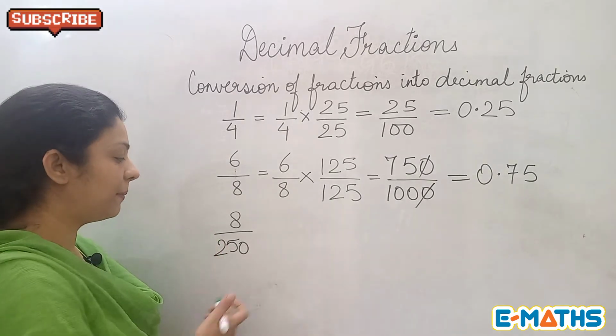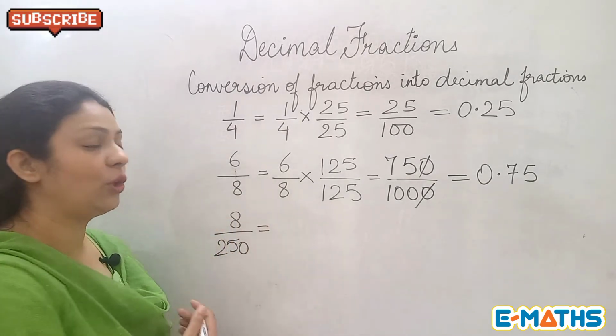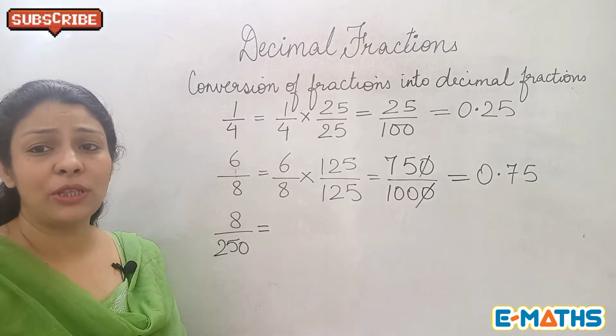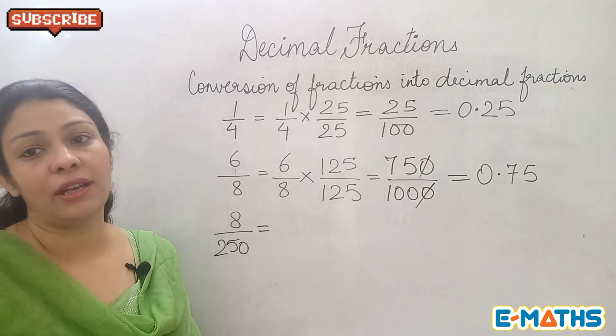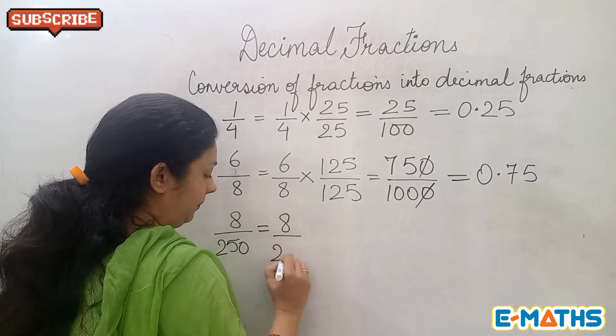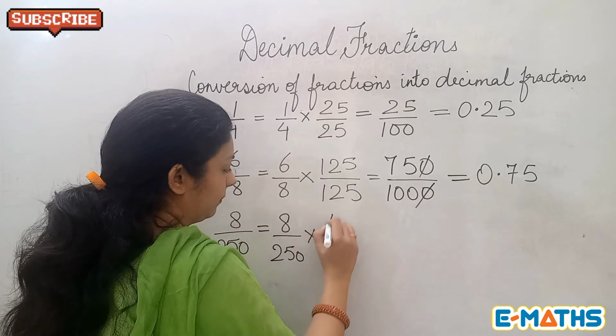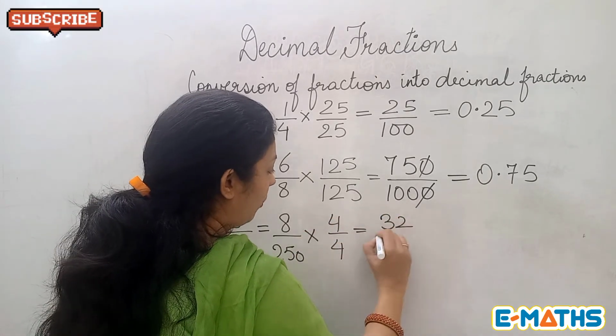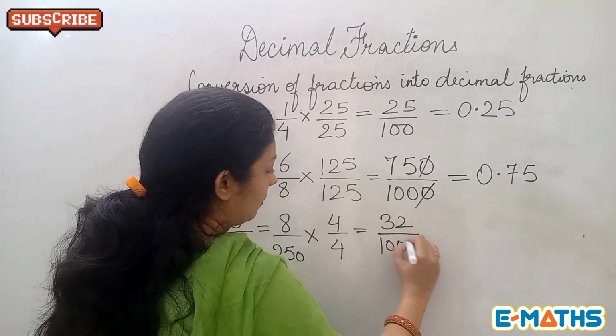There is one more example. 8 upon 250. Since 25 fours are 100, that means 250 fours is going to be 1000. So I'm going to write that. That means 8 into 4 gives you 32 upon 1000.